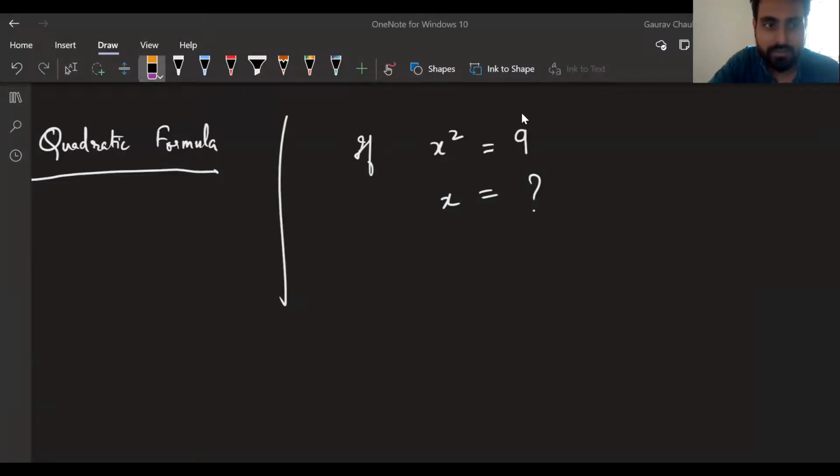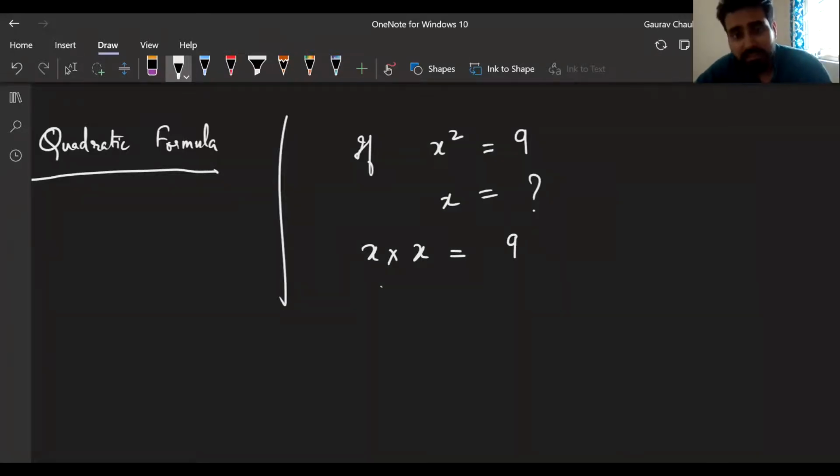Again, root 3 into root 3, you're saying. Yeah, that also is fine. You're right. Now, so far, for all our purposes, we were thinking, if it is 9, then I have to find x into x that gives me 9. And my brain is going, yes, 3 into 3 is giving me 9.